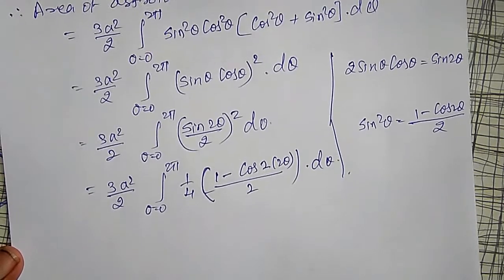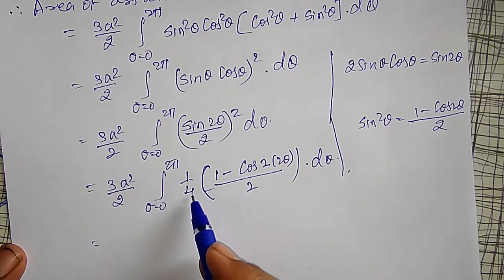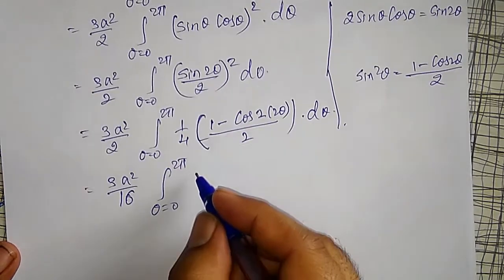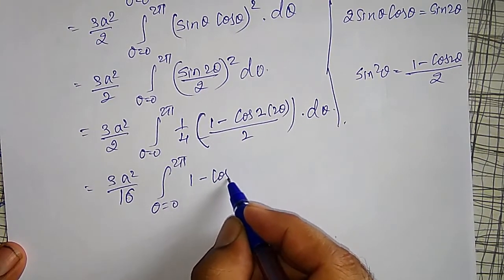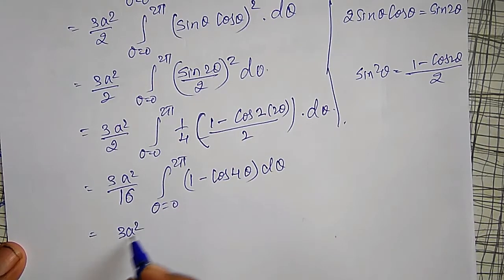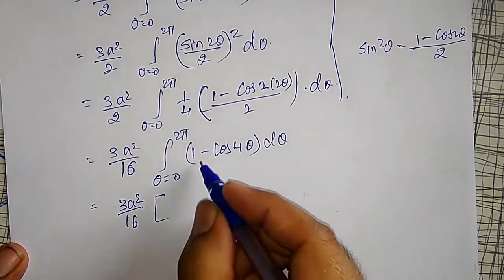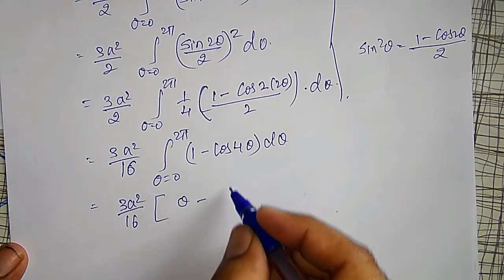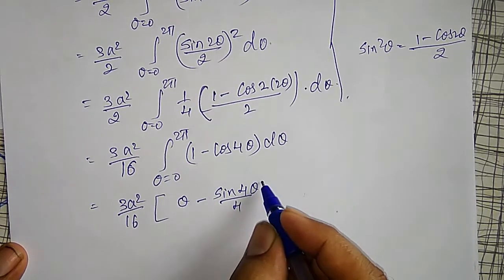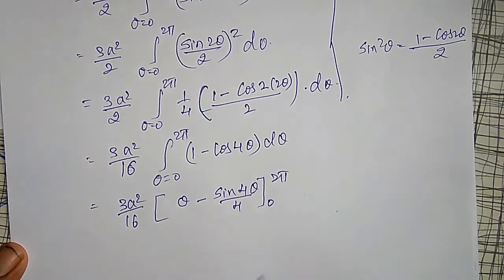Therefore it is 4 into 4, 3a square divided by 16, 2 into 4 is 8, 2 into 8 is 16, I am taking common, integration from theta equal to 0 to 2 pi, and this is 1 minus cos of 4 theta I have to integrate, which is 3a square divided by 16 into integration of 1 is theta, integration of cos 4 theta is sin 4 theta divided by 4 between the limits 0 to 2 pi.